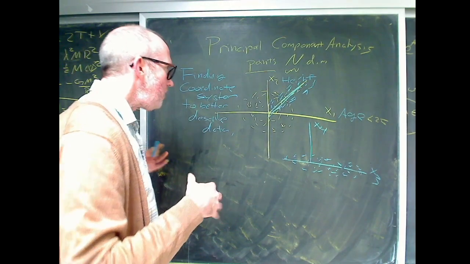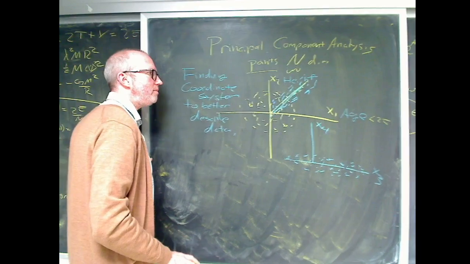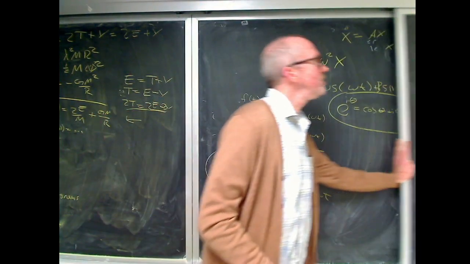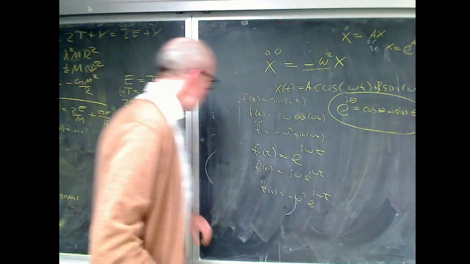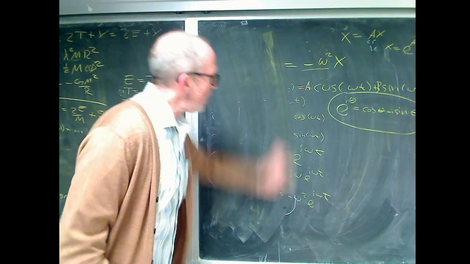What do we do? Why am I talking about age and height? So what I'm going to do for galaxies, for elliptical galaxies, I want a luminosity-velocity relationship.